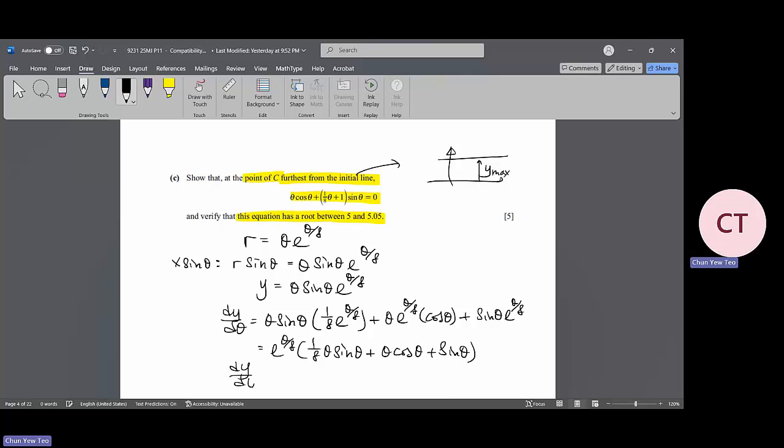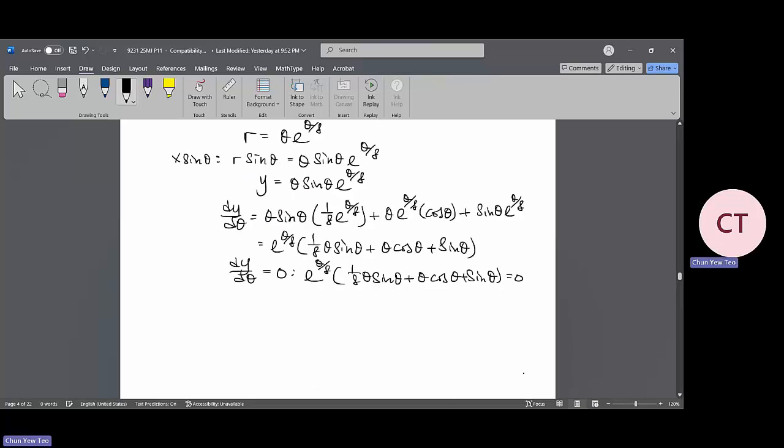In order to get the furthest point, your dy d theta must be 0, which means this must be equal to 0. Since e power theta over 8 cannot equal 0, the remaining part must equal 0.